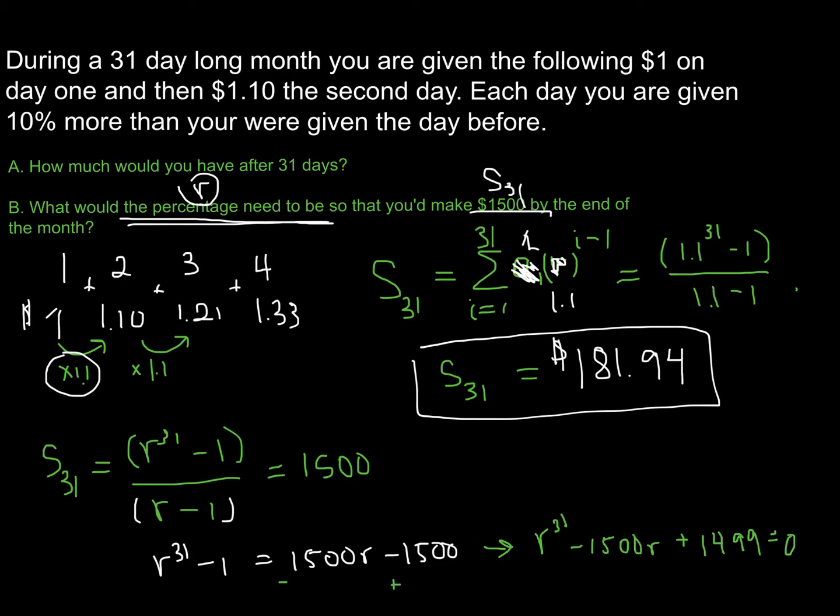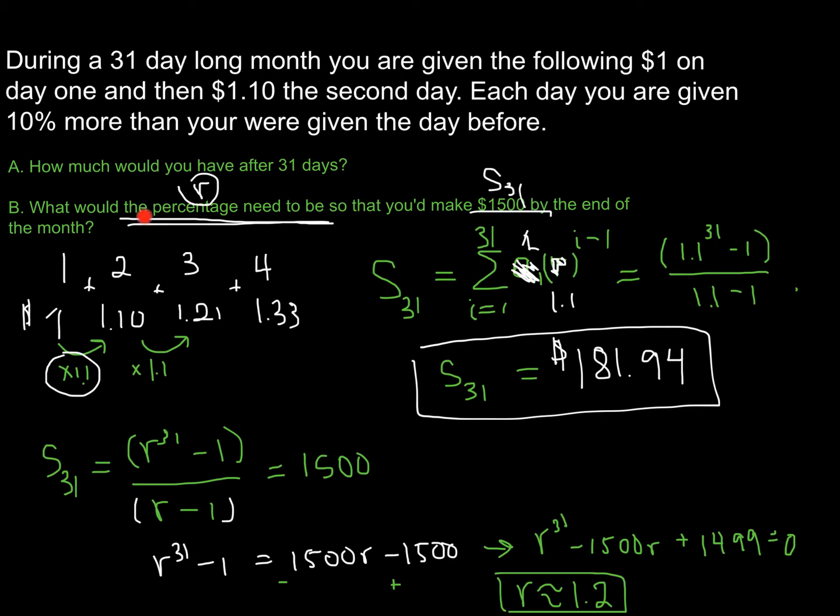Then you could graph this equation and see where it intersects the x-axis. What you're going to find is that this is when r is approximately 1.2.